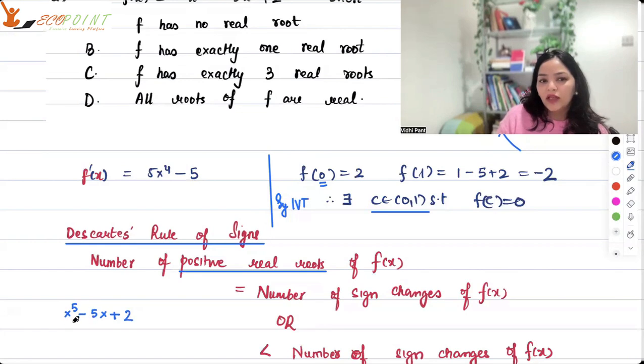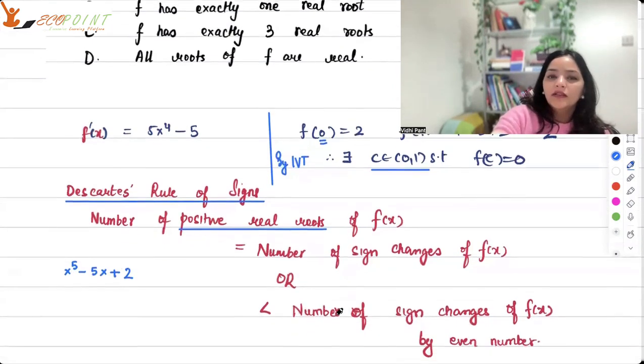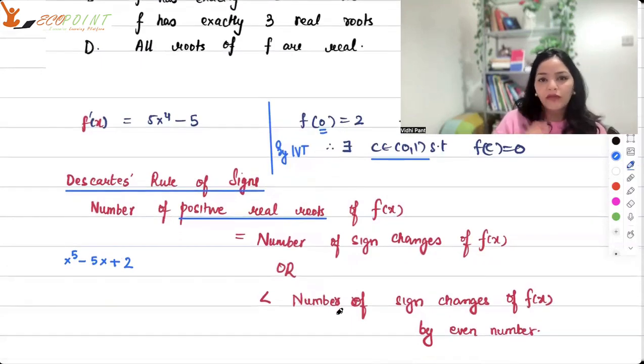It is changing 2 times. Positive to negative, negative to positive. Or it is less than the number of sign changes of f(x) by an even number. That is, if the number of times it is changing sign is, say, 5, then the number of positive roots will be 5, 3, or 1, odd numbers, reduced by even numbers.